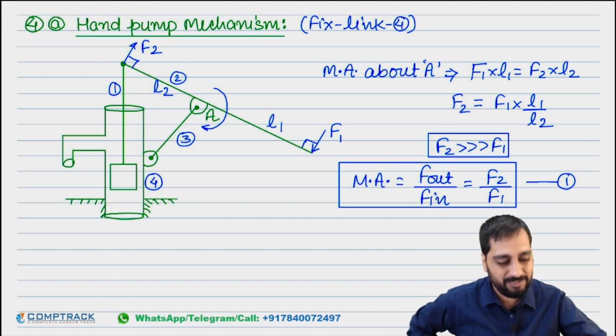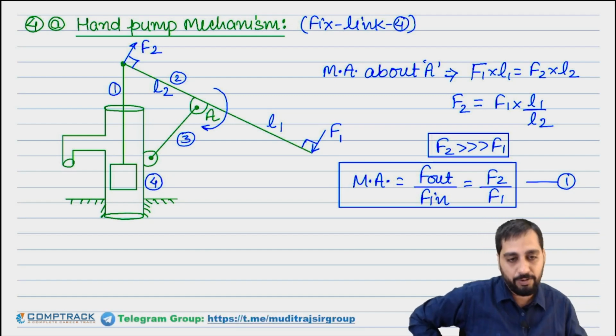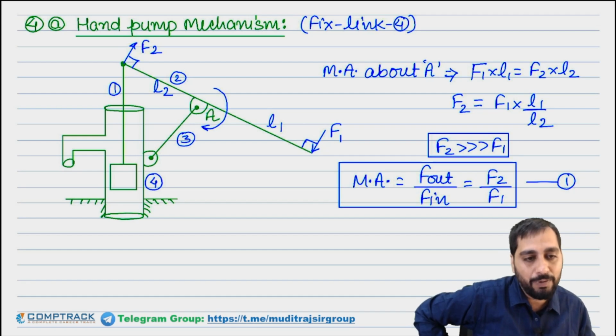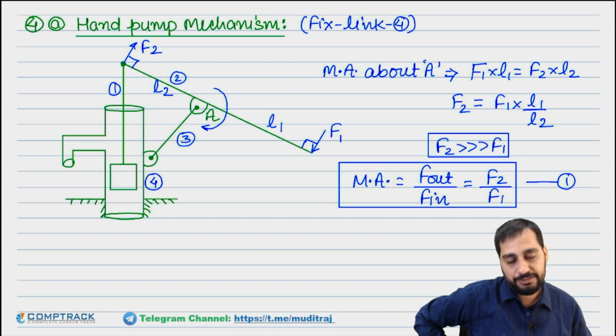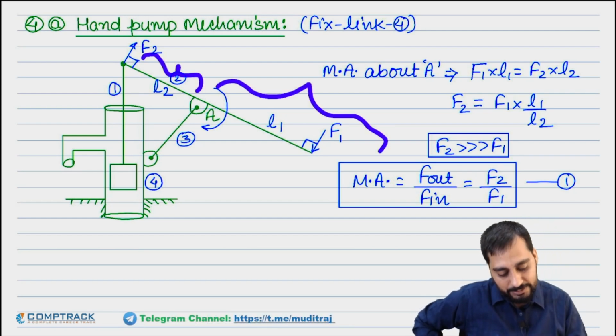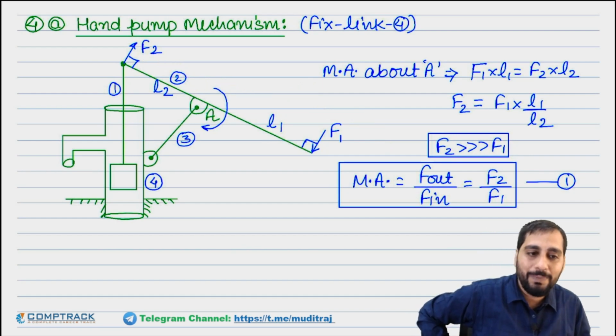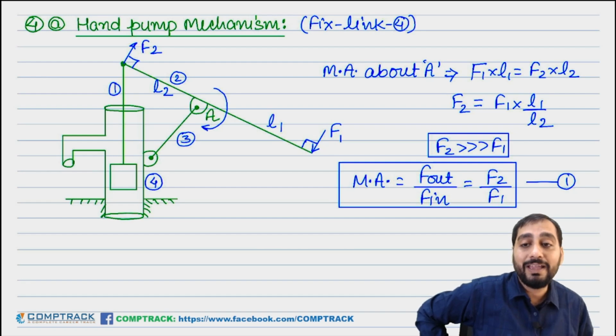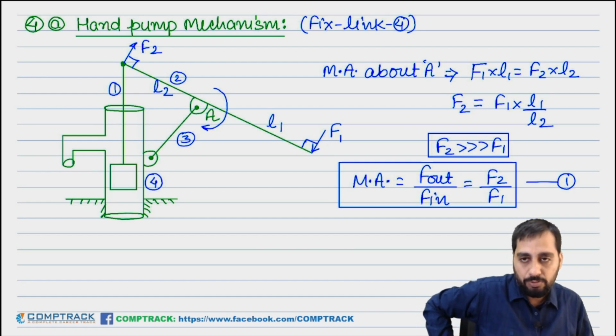This is an extra thing, this is not so much required, don't worry. I'm just giving you the simplest example of mechanical advantage. हैंड पंप में this distance will be kept less, this distance will be more. So this is the simplest example of mechanical advantage.